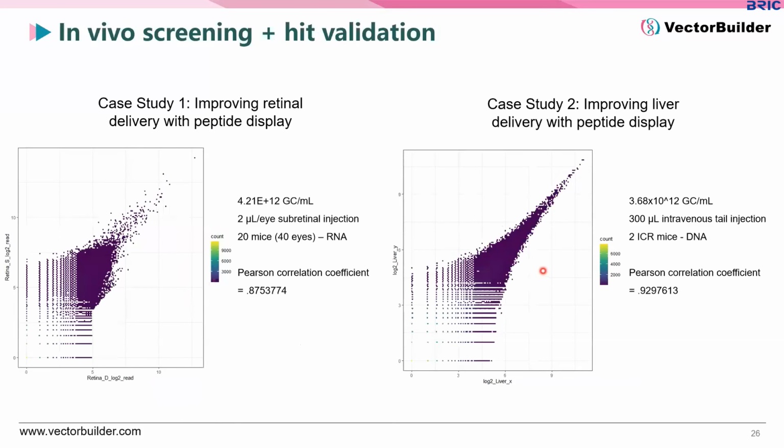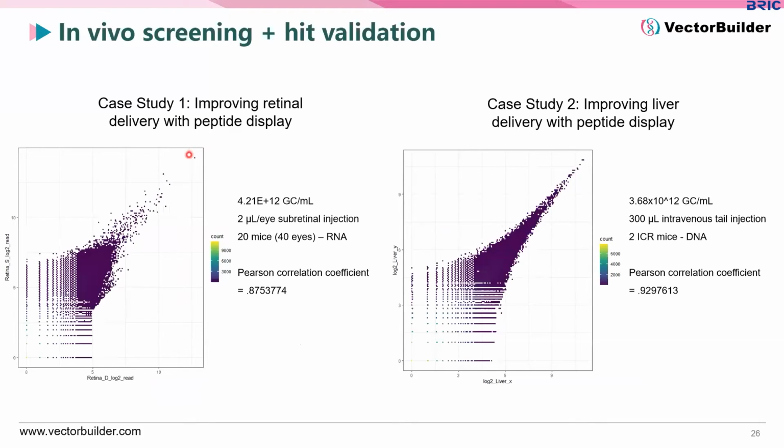Here are some case studies, some actual services that we have provided, but of course we have hidden some confidential information. In the first case, we are helping our customer to improve retinal delivery with peptide display. This one is screened based on the RNA transcription level. We have successfully screened out several capsids.